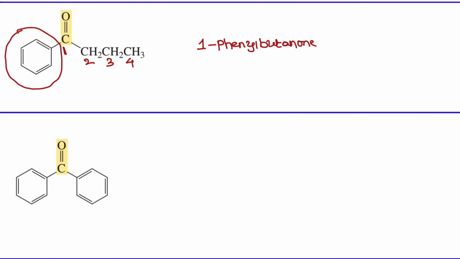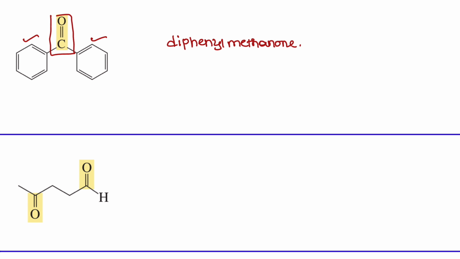And in this situation, there are two phenyl rings. Therefore, this is only the longest chain. Hence, the name is diphenyl. Root word is meth, methanone, diphenyl methanone.